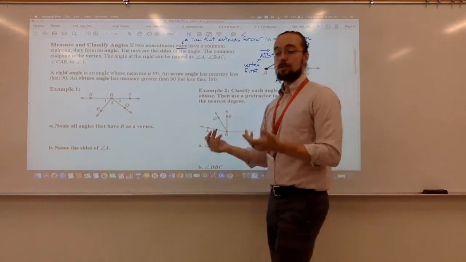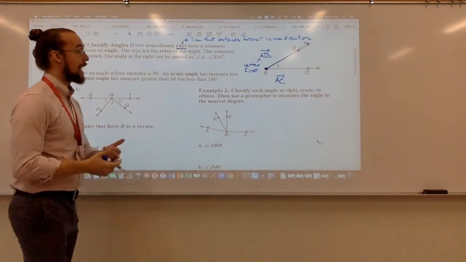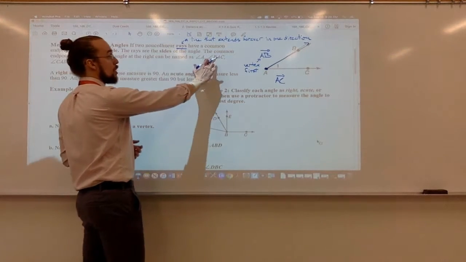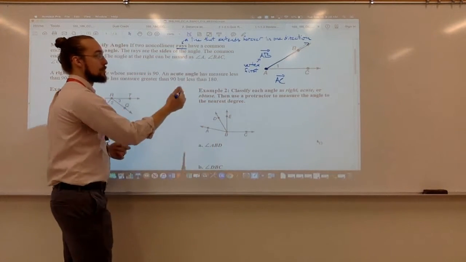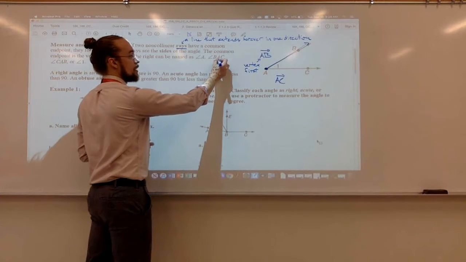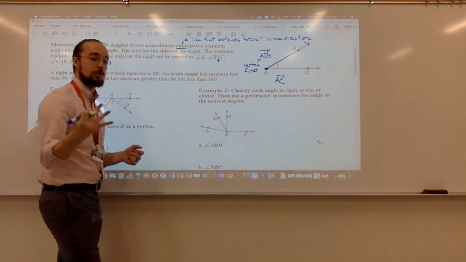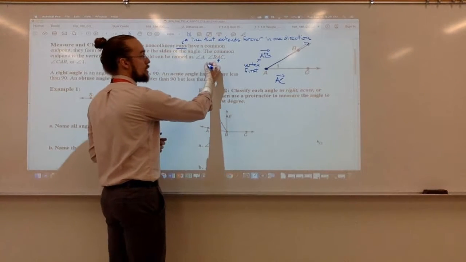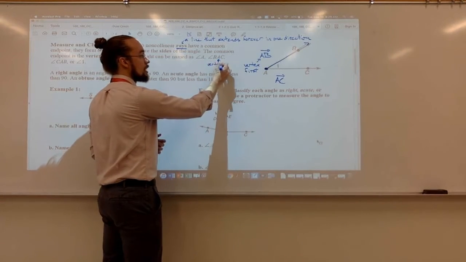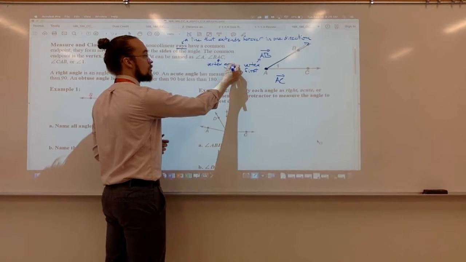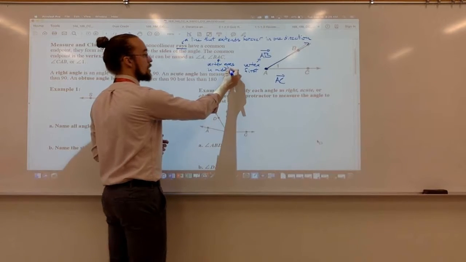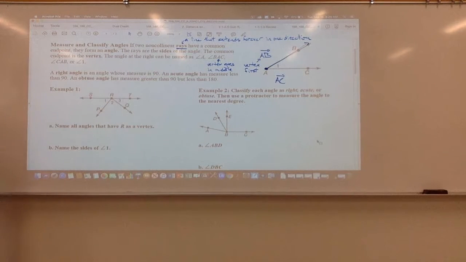So one example that I could use is to just call this angle A. I could also call it angle BAC. Now, the key here, and this is more common, using 3 letters to name an angle, is that whenever we're naming an angle, the vertex goes in the middle.